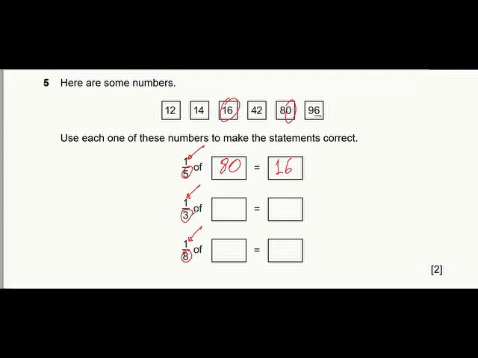Now let's check this one, 3. So what number multiplied by 3 will give me another? If I multiply 2 times 3, is it going to be 42? No, it is not. If I multiply 4 times 3, is it going to be 2 at the end? Hey, yeah, probably.